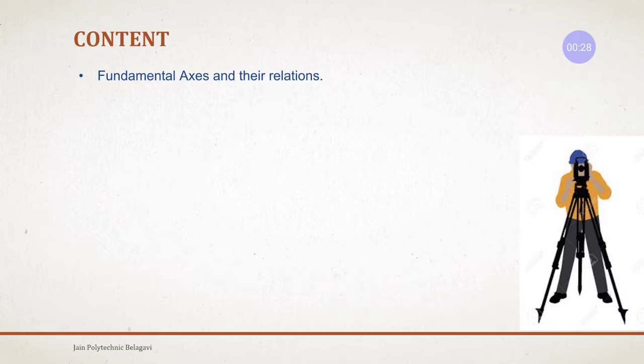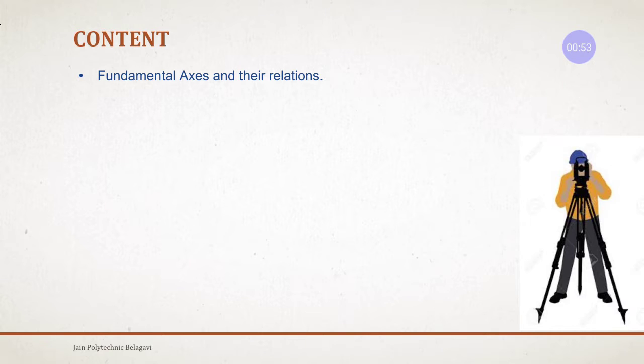Now we are trying to understand what is theodolite, what are its components, what are the terms used in theodolite surveying. We are trying to identify the important procedures to be done while working with the theodolite.